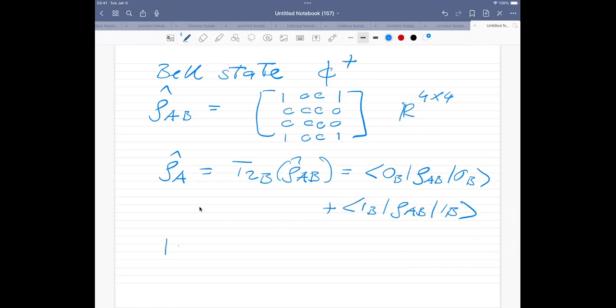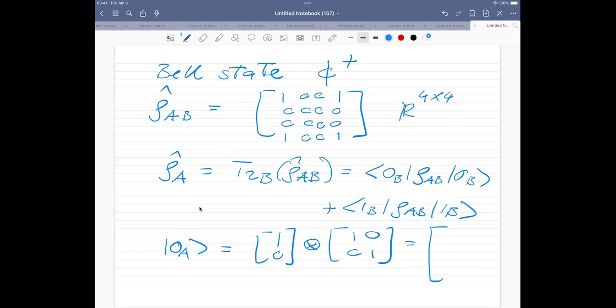If I look at the system A, this is actually 1, 0, and it's a tensor product with an identity matrix. So this is left unaffected when I'm tracing out. So 0, 0, 1, which then becomes a matrix of 1, 0, 0, 1, 0, 0, 0, 0, like that.